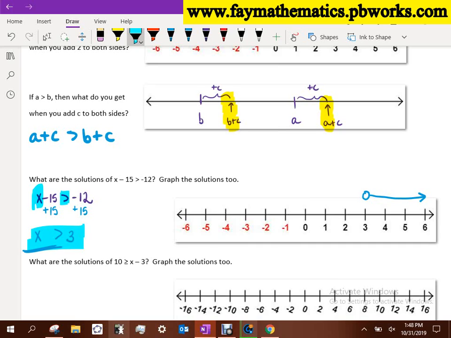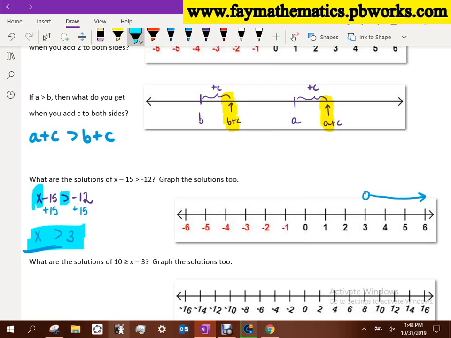Does that make sense? Is that pointing to the right? Did we shade to the right or graph to the right? When I say graph or shade, I mean which way I drew my arrow, right? Did I do that to the right? Yeah. But that will always work only as long as your variable is written first, in the part that I highlighted there, the x is greater than 3 statement.